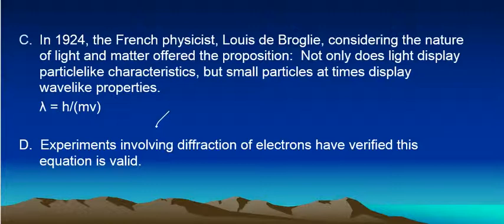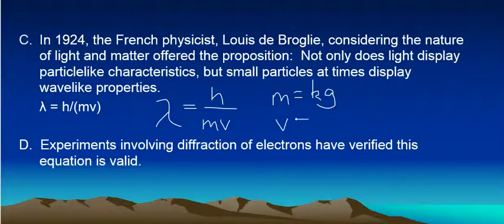The wavelength is equal to h over mv. Now in this case, m is mass, and the mass has to be in kilograms in order for this to work. And v is velocity, and velocity has to be in meters per second in order for the de Broglie equation to work. So de Broglie said that small particles move in waves.